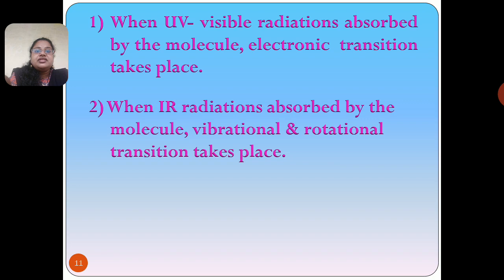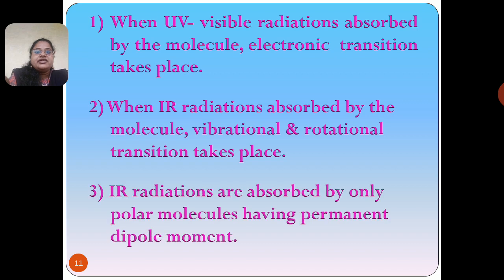Next, when IR radiations are absorbed by the molecule, two kinds of transitions take place: vibrational transition and rotational transition. IR radiations are absorbed only by polar molecules which have a permanent dipole moment.